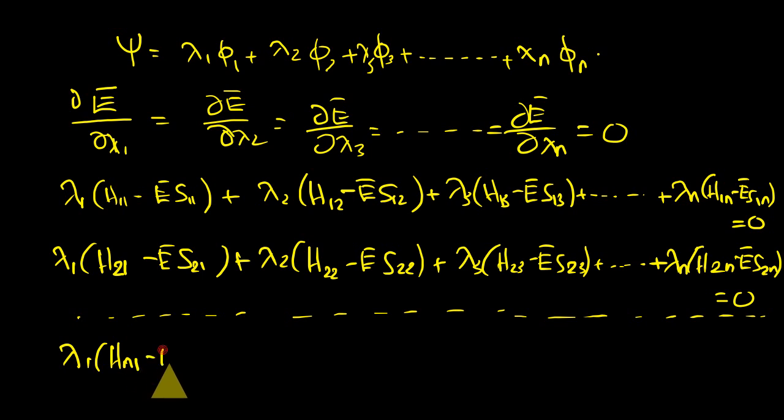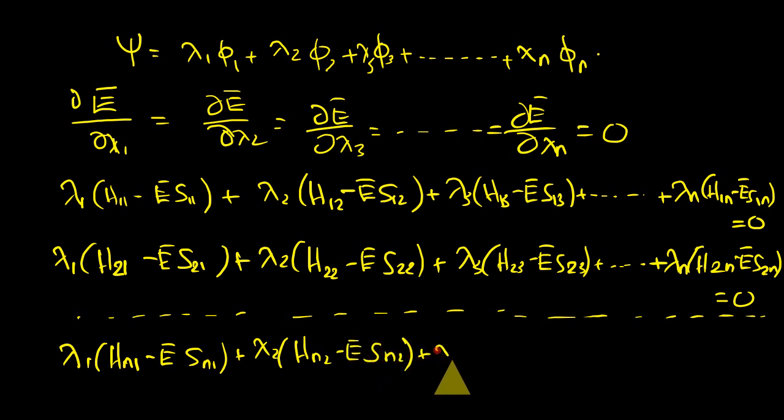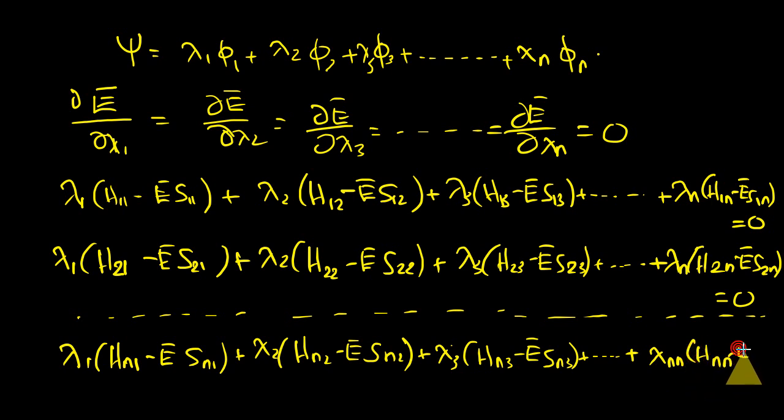So hn1 minus E bar sn1 plus lambda 2 into hn2 minus E bar sn2 plus lambda 3 into hn3 minus E bar sn3 plus etc. plus lambda n, that is nth row and nth column, hnn minus E bar snn, that is equal to 0.